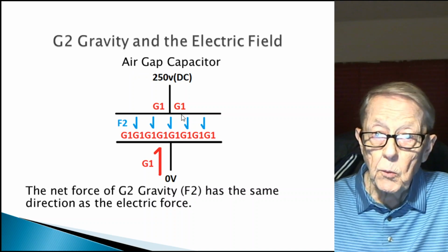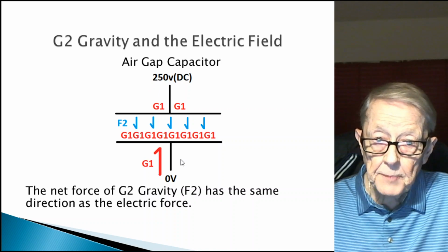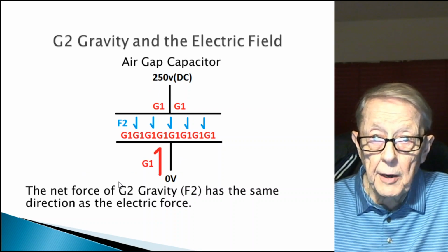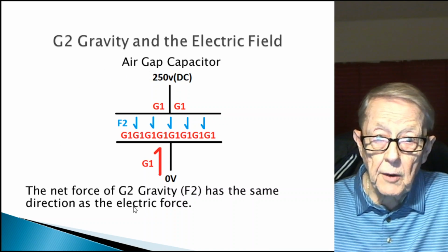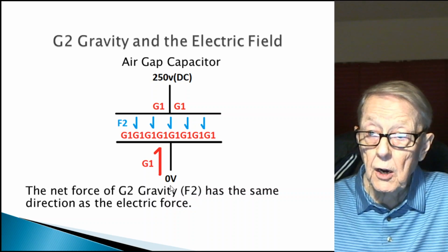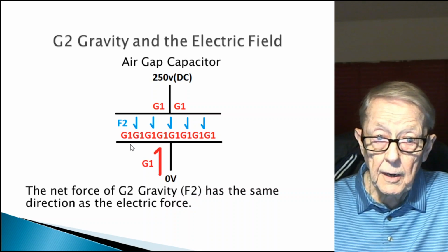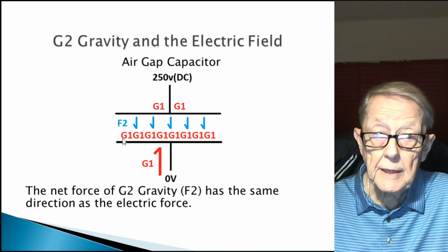Now, when you charge this up with 250 volts DC, the particle model sends G1 particles around, and if it's going to have what I call a charge, it's going to accumulate a lot of G1 particles here.